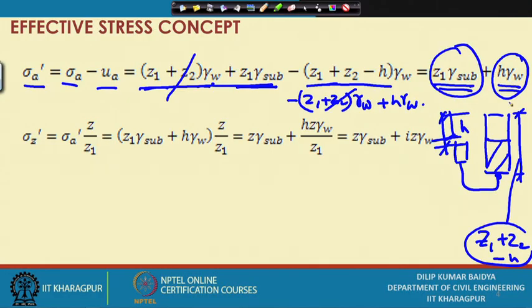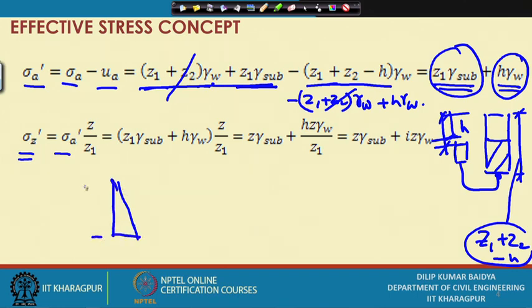Now, this can be generalized. If I consider sigma z dash at any depth z, I can go back to the previous slide. It is linear, so it is proportionate: sigma z dash will be sigma a dash times z by z 1. The diagram was like this.